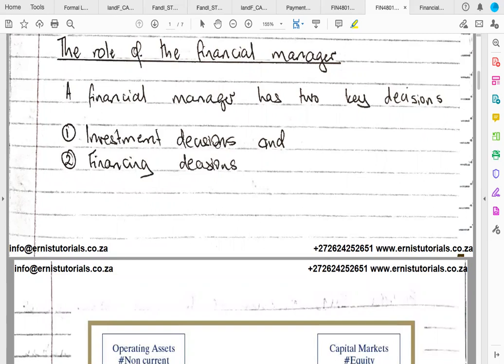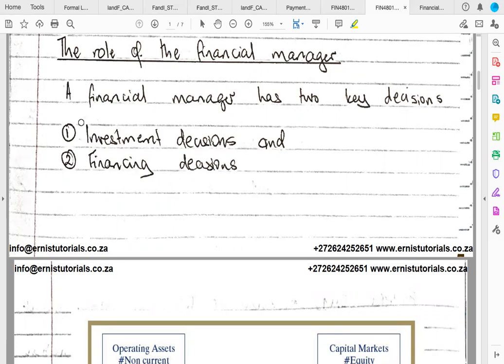There's the investment decision, which is a decision on where to spend your money as a company. And then there's the financing decision, which is the decision as to where to raise the money. Investment decisions: where should we spend money? Financing decisions: that money we need to spend, where should we raise it?